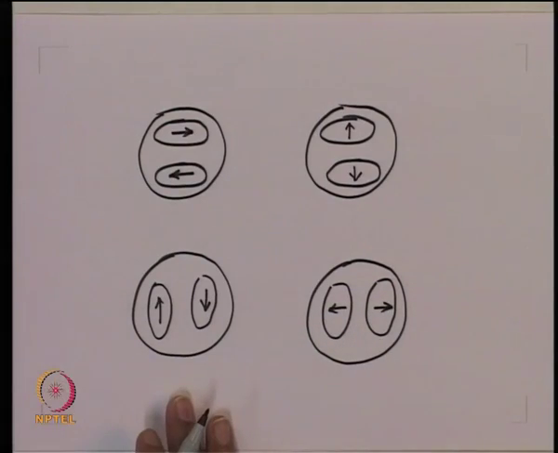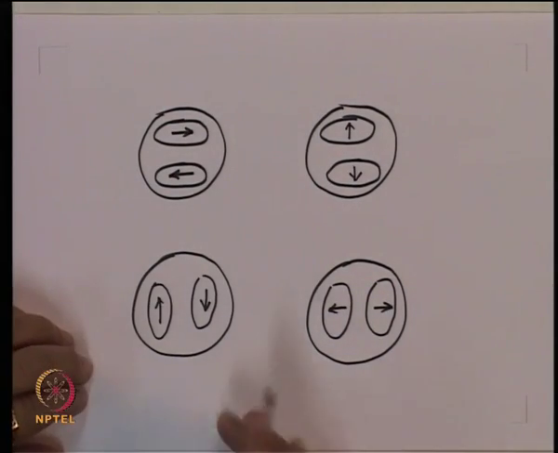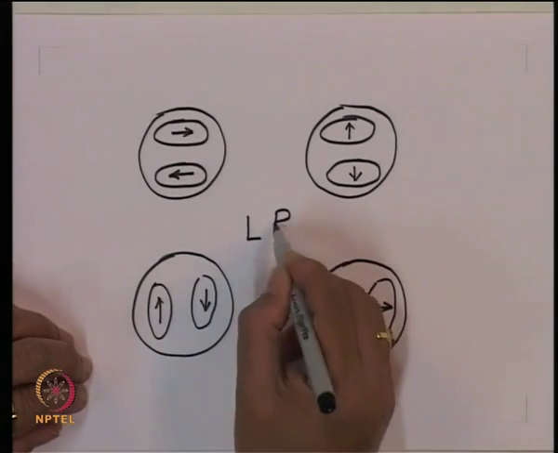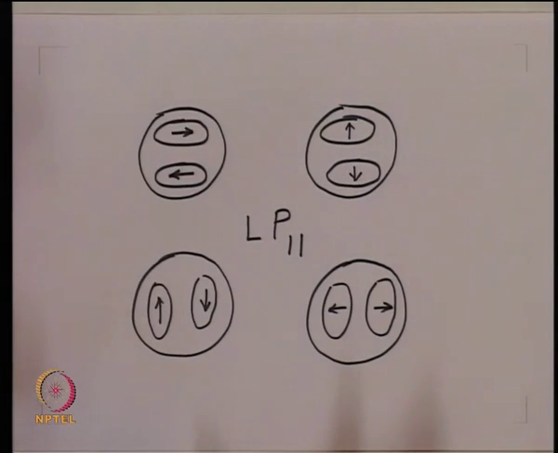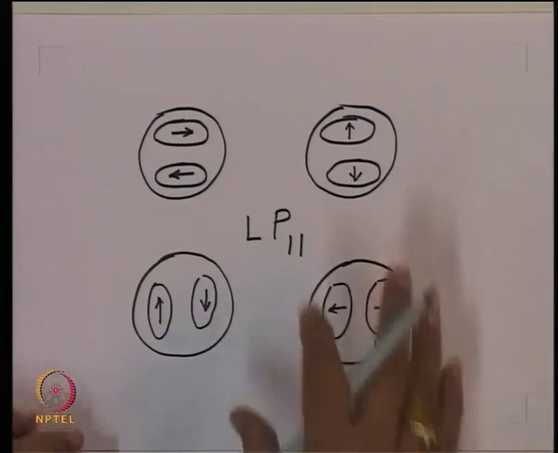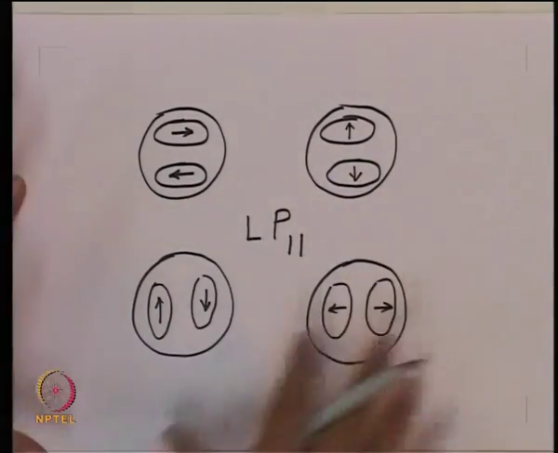Like this. So, when we say we have an LP11 mode, in fact there are four modes which are having exactly the same phase characteristics, and their intensity and polarization would be given by this.